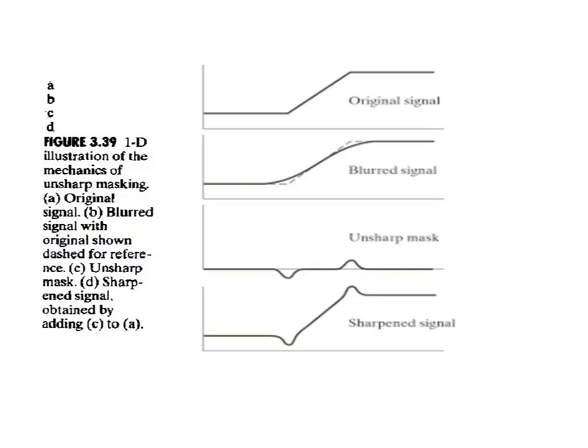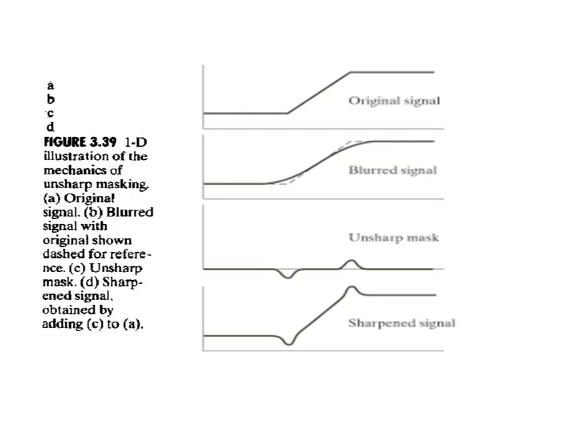This figure explains how unsharp masking works. The intensity profile in figure A can be interpreted as a horizontal scan line through a vertical edge that transitions from dark to light regions in an image, while figure B shows the result of smoothing superimposed on the original signal, shown dashed for reference.